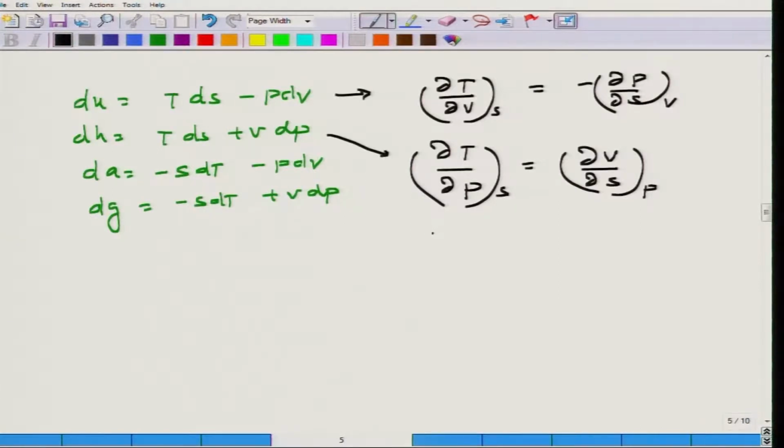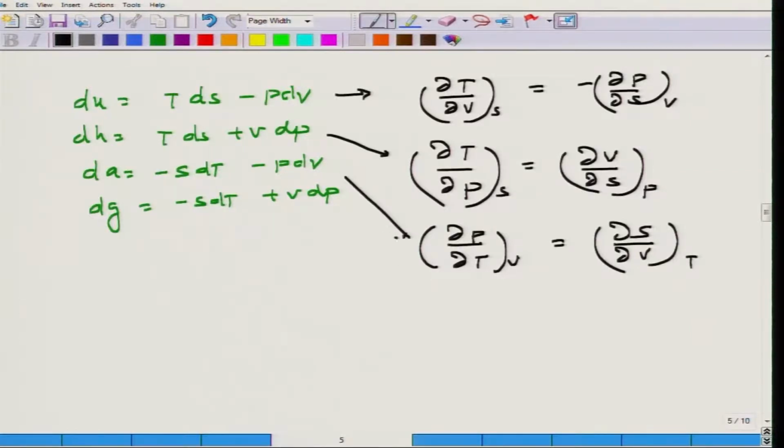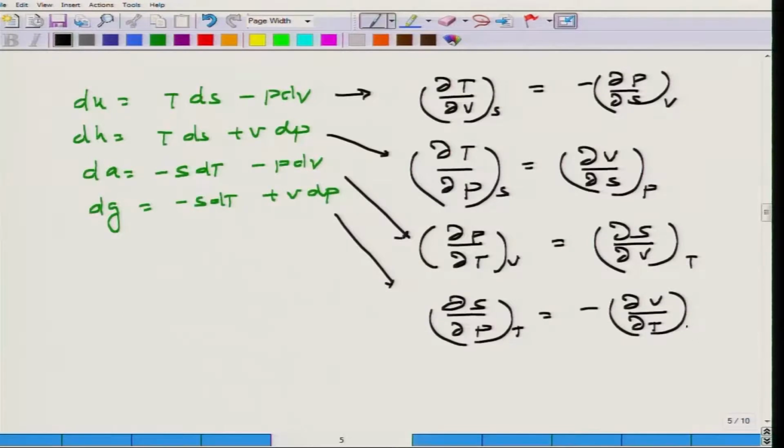The fourth expression is del P by del T at constant V is del S by del V at constant T. Okay, so this becomes from here, and the last we have del S by del P at constant T equal to minus del V by del T at constant P.